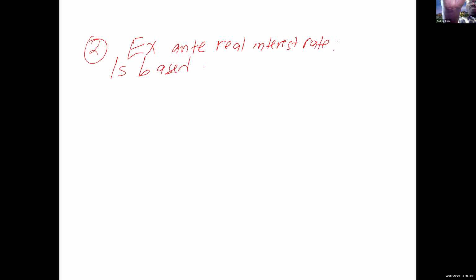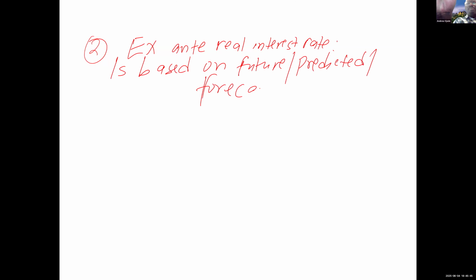But as I said, the most relevant interest rate that is used for determining interest rate on a loan is what we call ex ante real interest rate. So this is calculated based on what? This is based on future or predicted or forecast inflation.